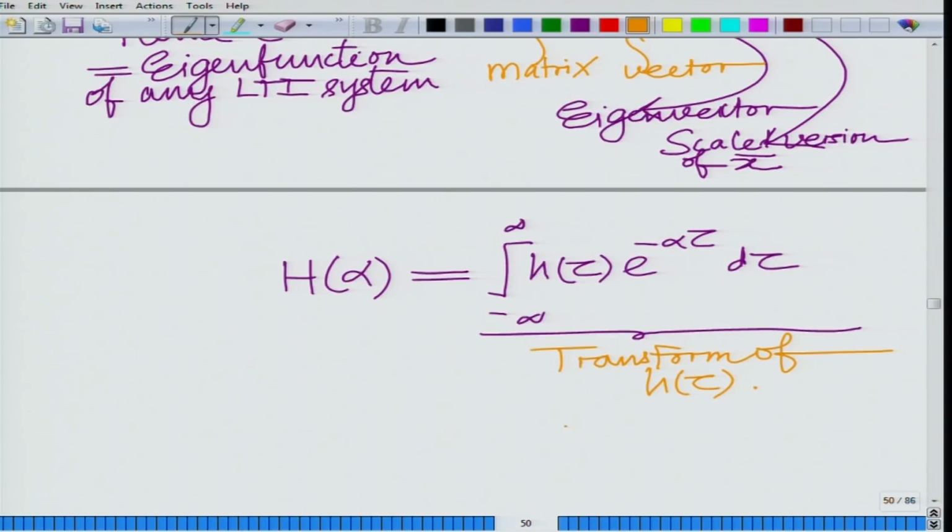There can be several such transforms depending on the nature of alpha that is chosen. It can be the Laplace transform or the Fourier transform. It can also be in continuous time or discrete time; the discrete time case we will talk about later. So, there can be various transforms, and these transforms and eigenfunctions are very fundamental to the analysis and to understanding the properties of LTI systems. Therefore, this property is extremely important.